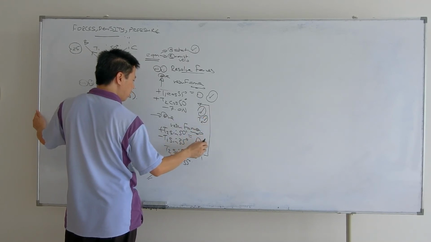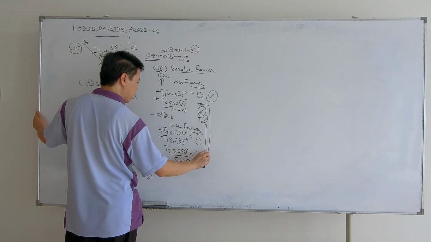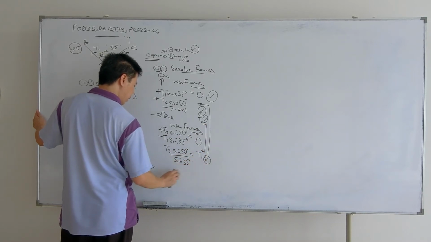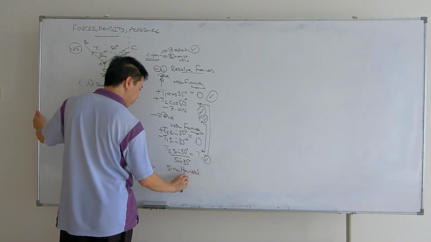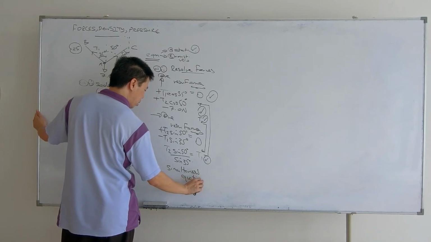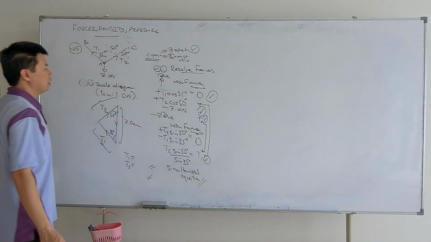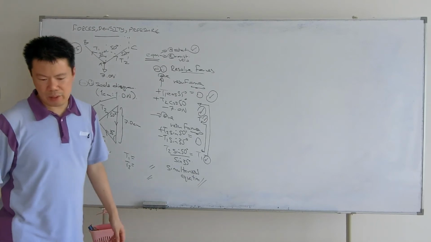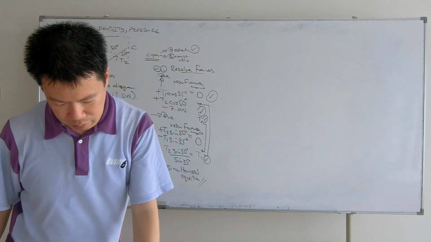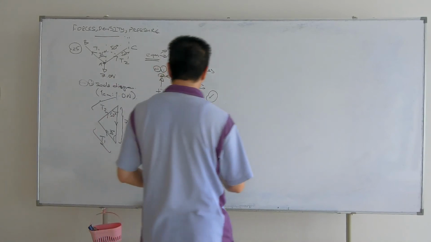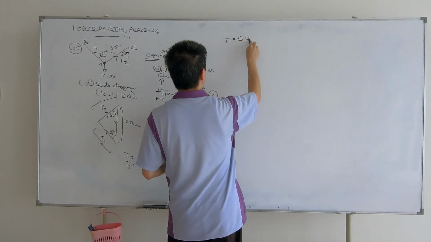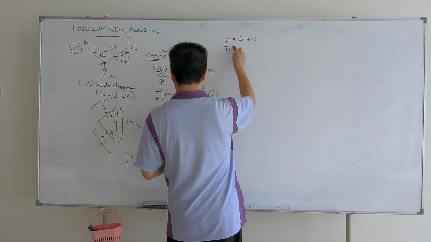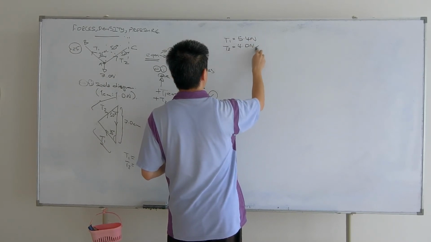After you find T2, reinsert it to get your T1 value. This is resolving forces; you end up with simultaneous equations. In both cases, I'll let you calculate; pause the video, and your values should be around T1 is 5.4 newtons and T2 is 4.0 newtons.